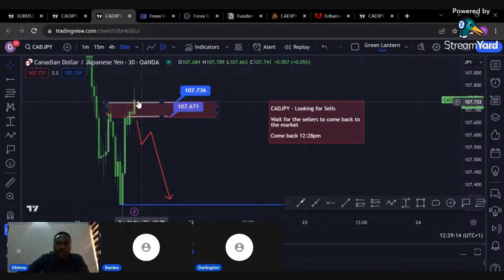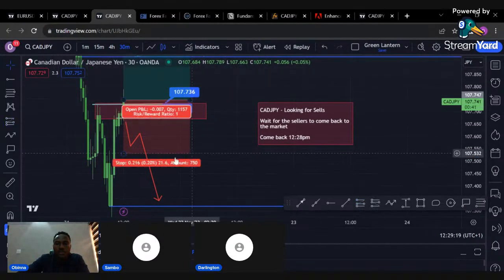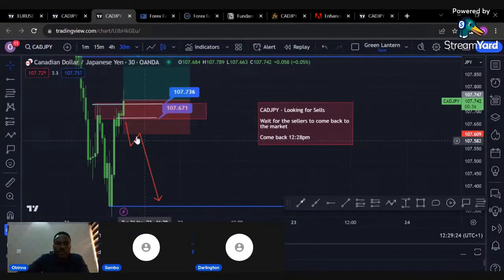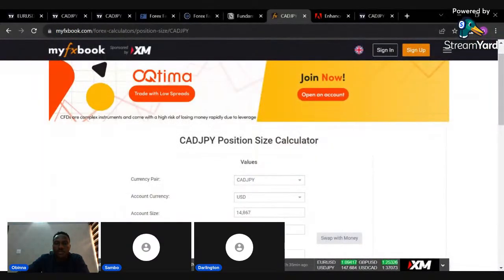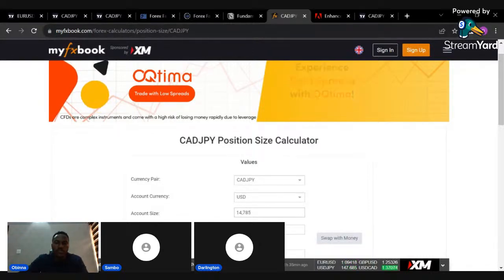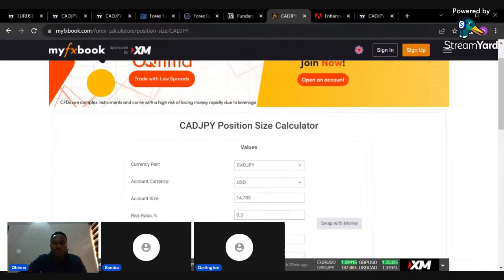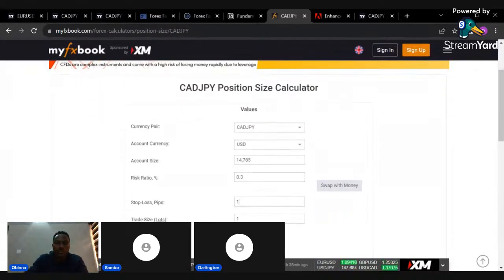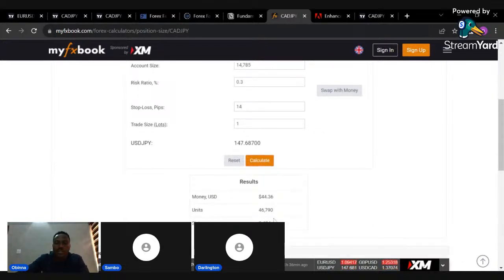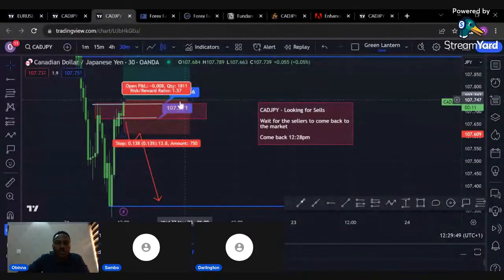So this one is good for a counter trend buy. Let me see. So I'll say this is like 14 pips. So lot size 0.47.